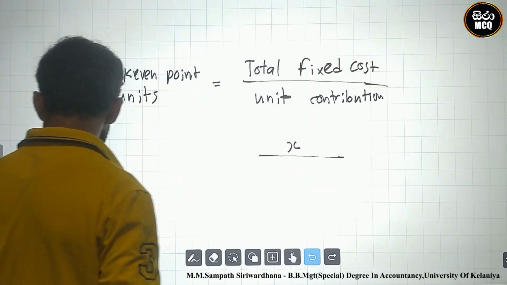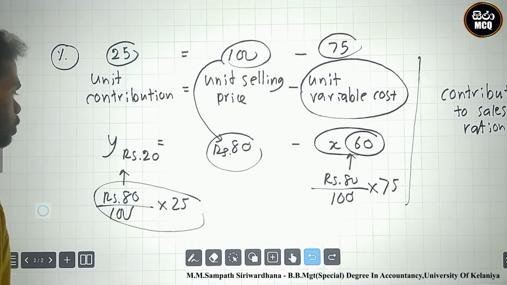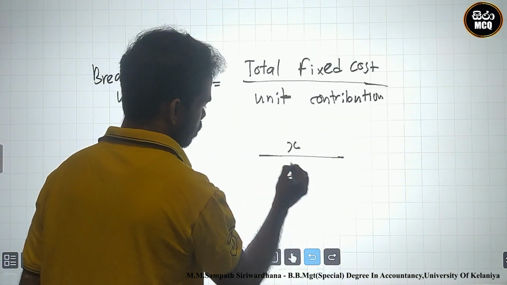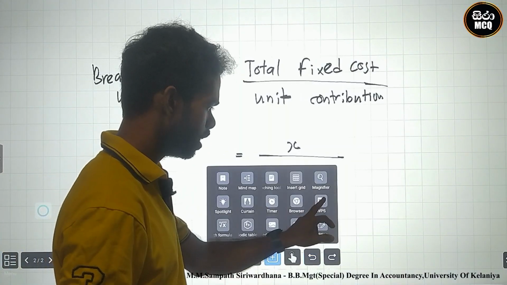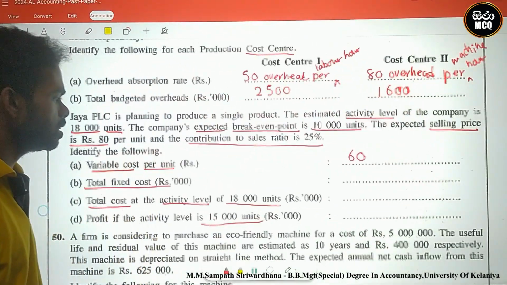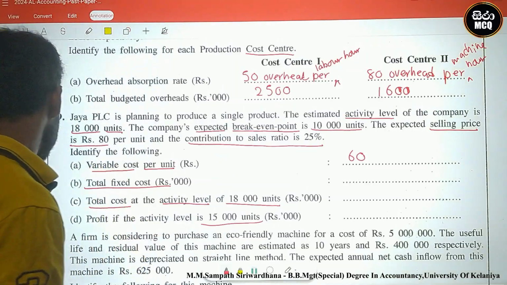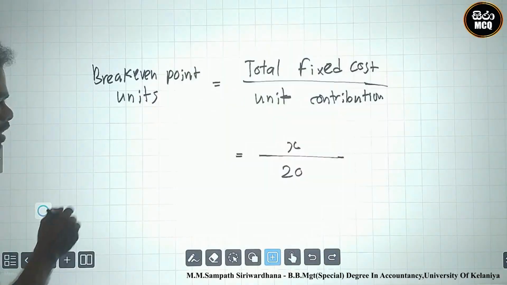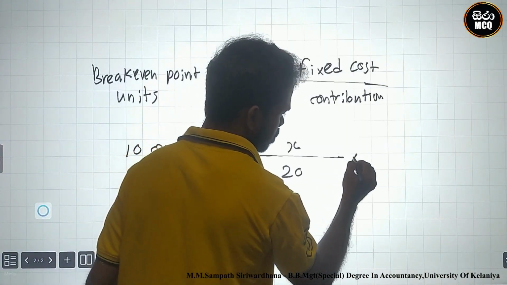Unit contribution we already calculated, it is 20. Break-even point units are 10,000. Therefore x divided by 20 equals 10,000.